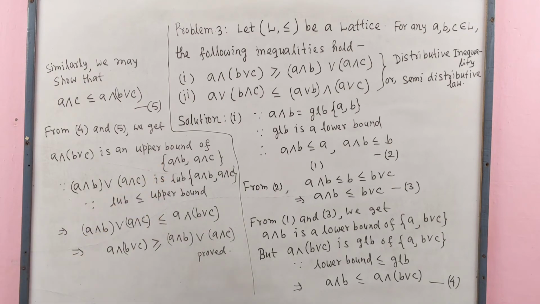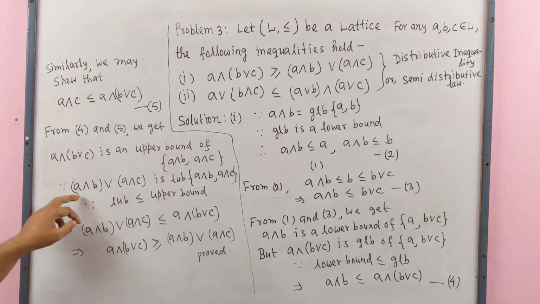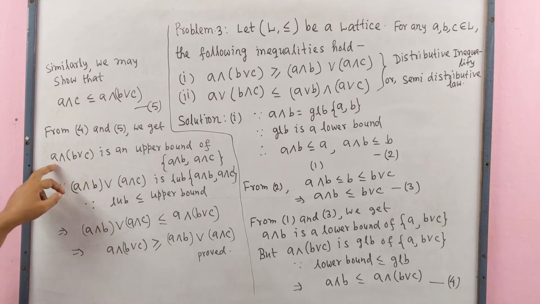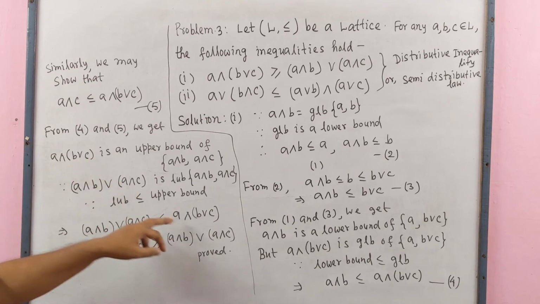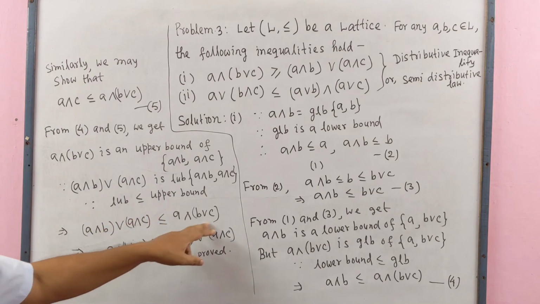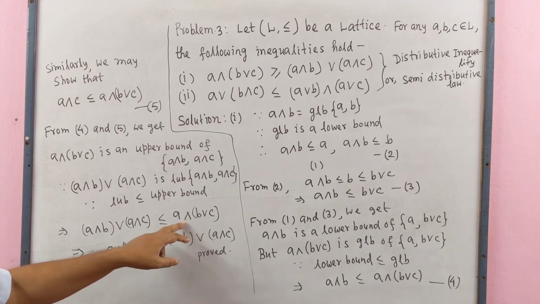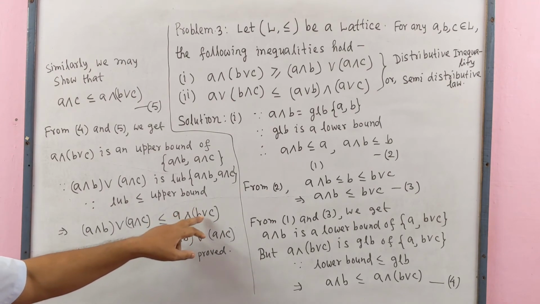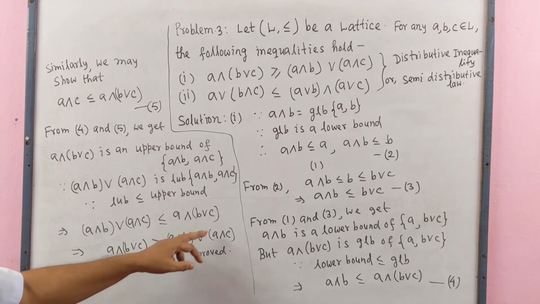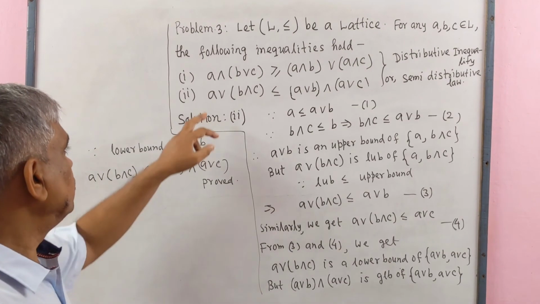We know that the least upper bound is less than or equal to an upper bound. So A ∧ (B ∨ C) ≥ (A ∧ B) ∨ (A ∧ C). Proved. Number 1 proved. Now we prove number 2.